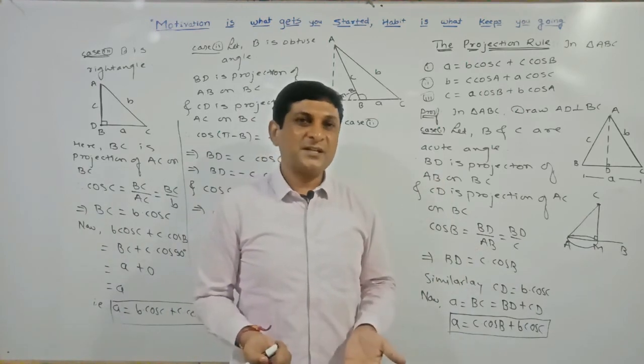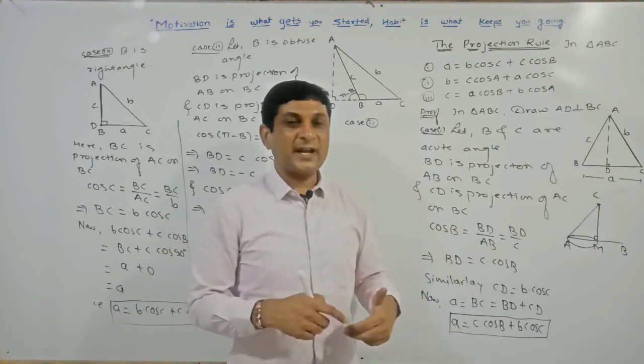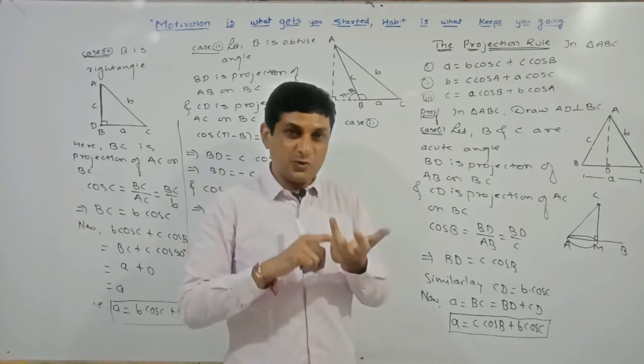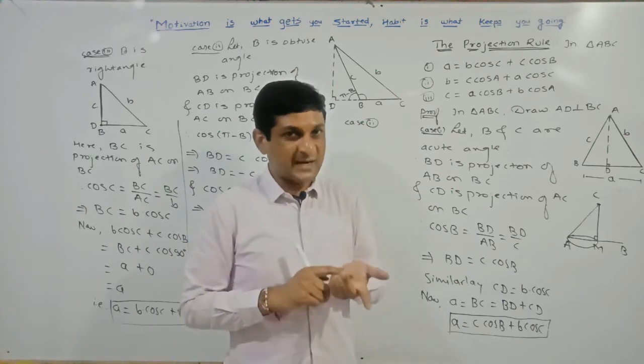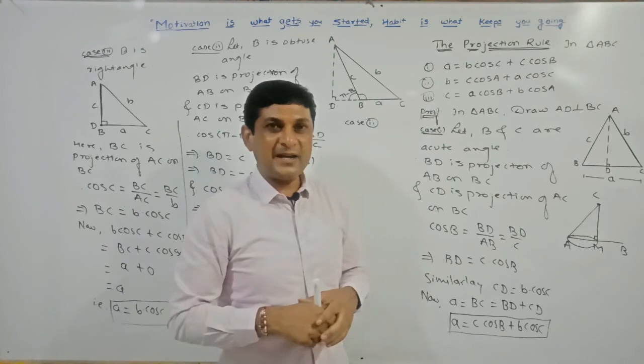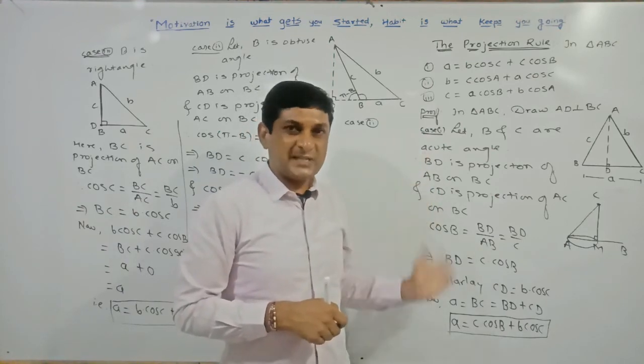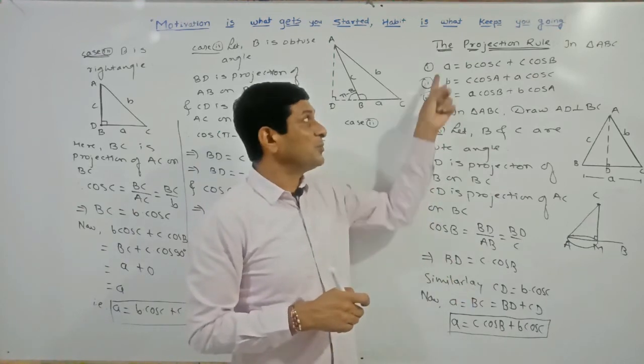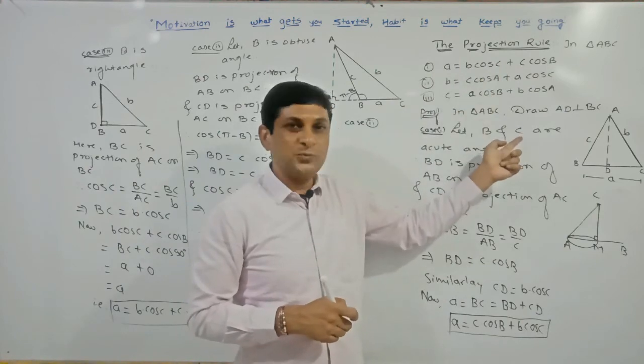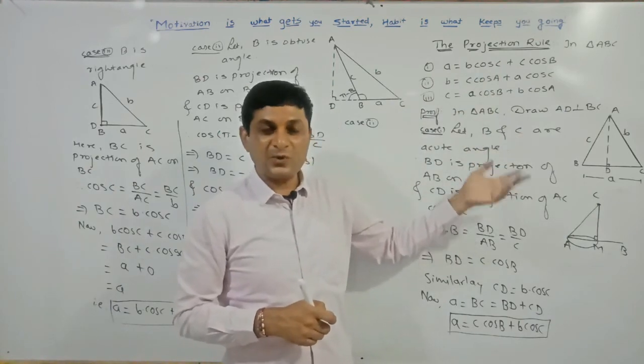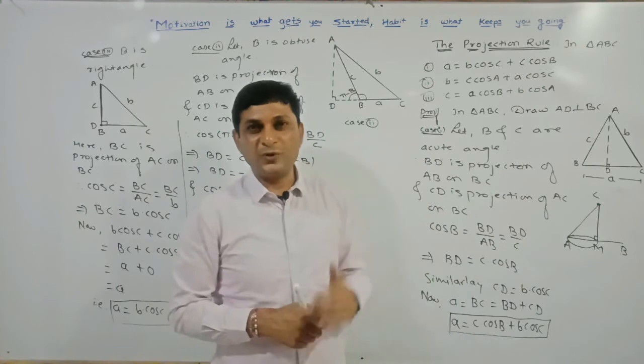So it is not necessary to write again to prove two more cases, one for C obtuse and one for C right angle. Here we directly write that using the same method, we are able to prove this result for C to be acute, C to be obtuse and C to be right angle.